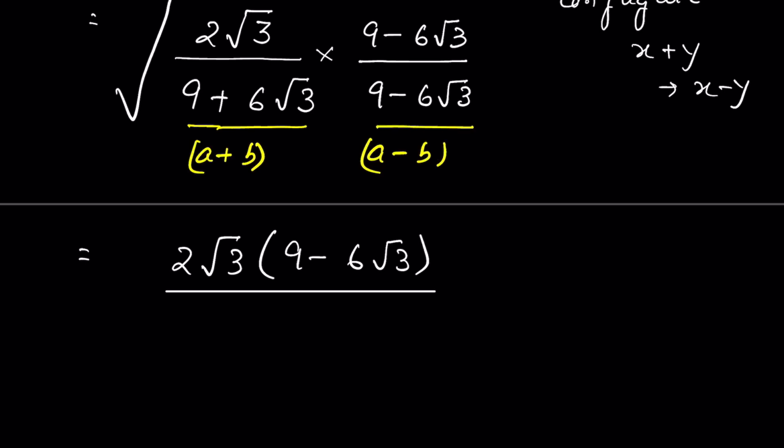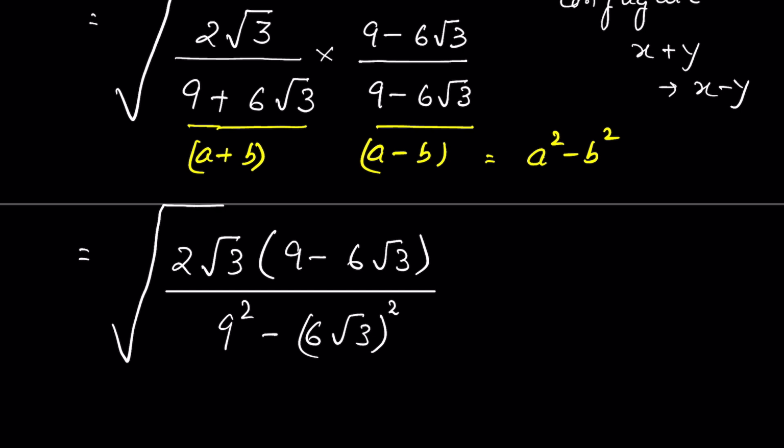If we consider a as 9 and b as 6 times square root of 3, this is equal to difference of squares. So we can write it as 9 square minus 6 times square root of 3 whole square, under square root.